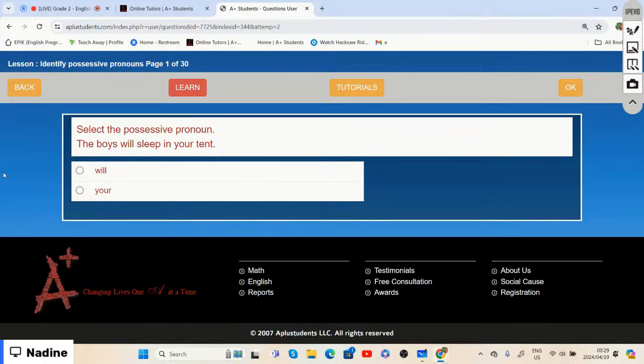Those are possessive pronouns. So look again in that sentence. It says the boys will sleep in your tent. Remember, there's not his. Yes, well done.